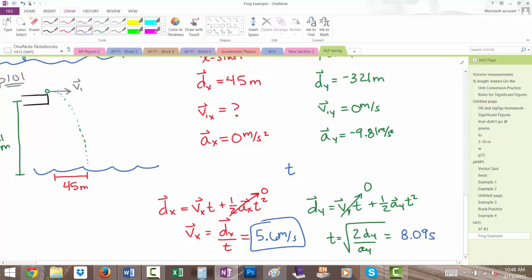What I want you to do right now is to fill out the chart, the givens chart, for question number 1 on page 102. Question number 1, all you need to do is fill out the givens chart.